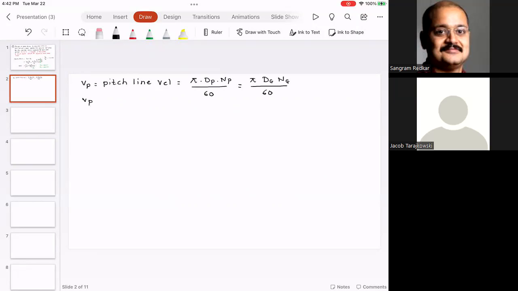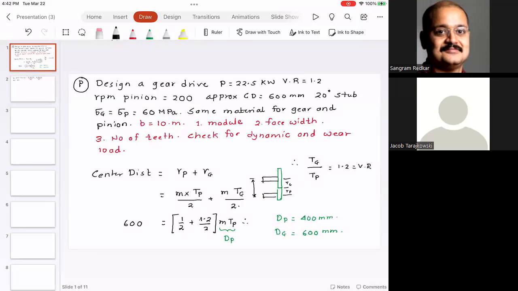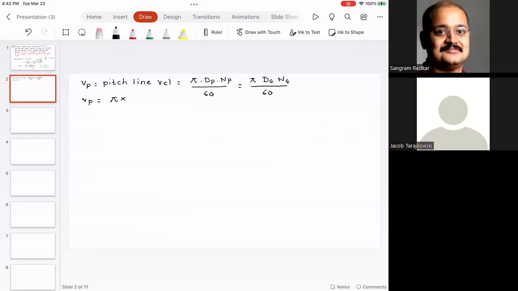So VP is equal to pi times the diameter of the pinion, 0.4, times 200 divided by 60. So VP is equal to 4.2 meters per second.